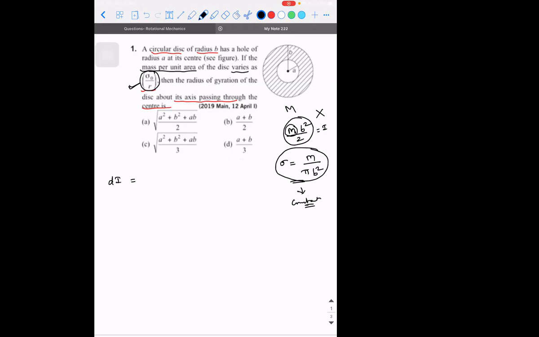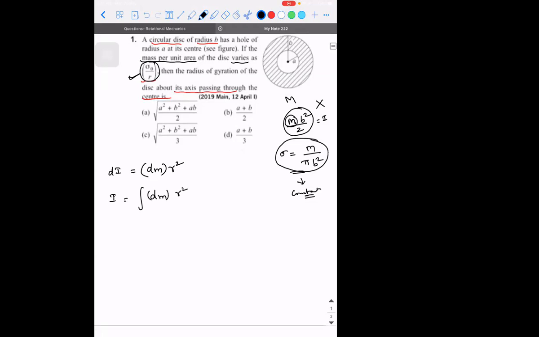If I say I have a mass of dm, then what is the moment of inertia of the small mass? It will be dm into r square. Accepted? Then what will be the total moment of inertia? It will be the integral of dm into r square. So this is taken as a general formula for calculating the moment of inertia of an extended object by calculating the smaller mass dm.